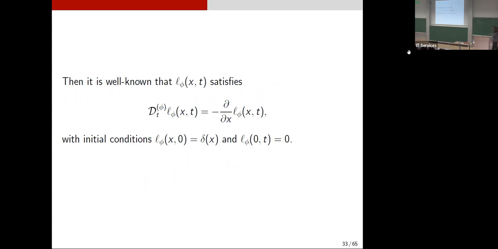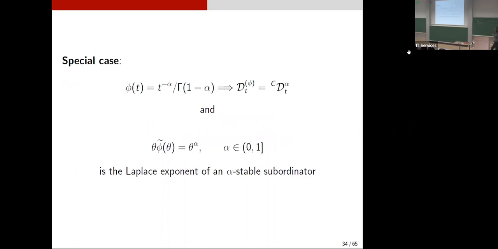And this is the main fact. The most important fact is that it is well known that the density of the inverse subordinator satisfies this equation here, where we have the general fractional derivative with kernel phi, and here the first order derivative with respect to the space argument, of course, under some initial conditions.